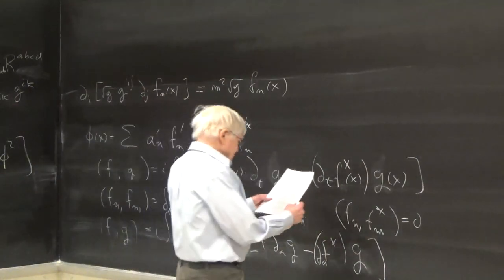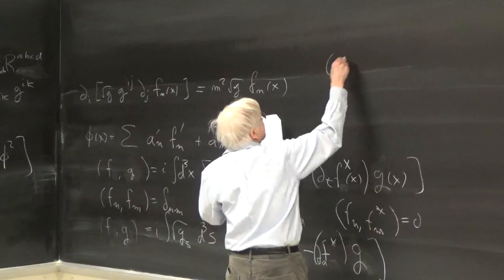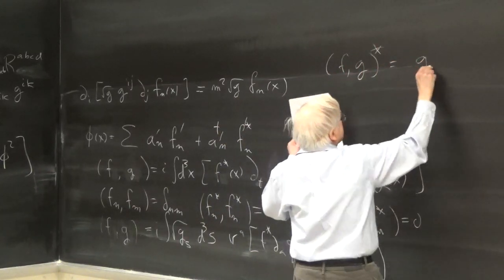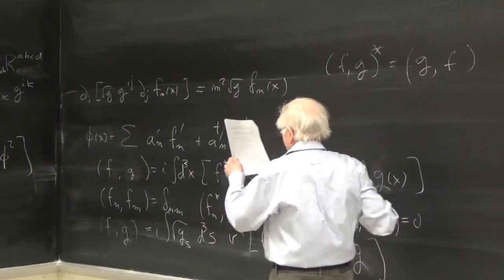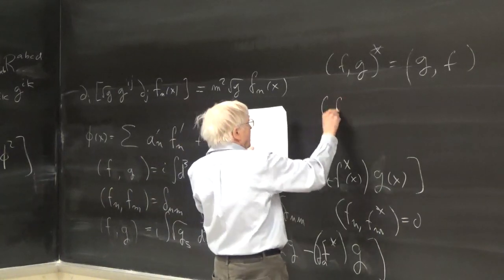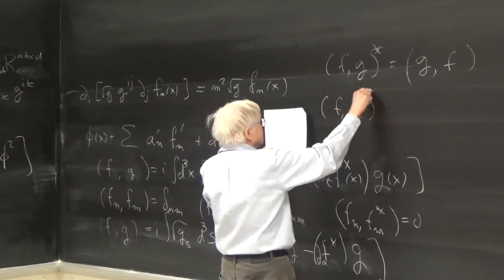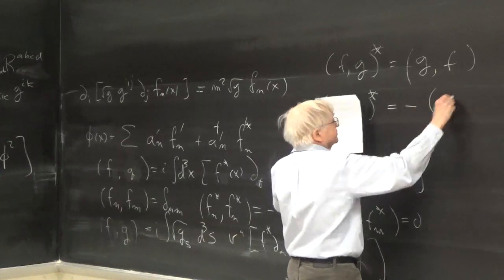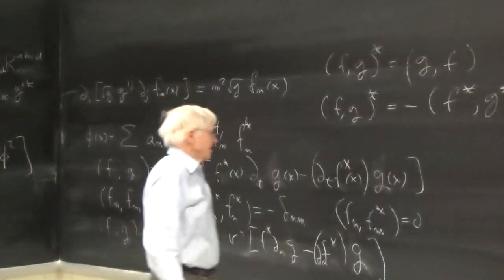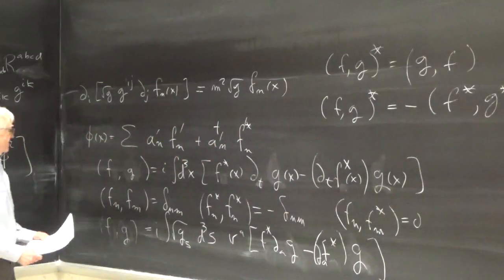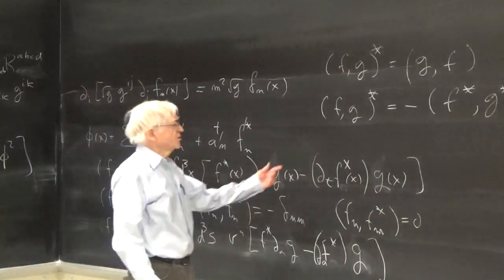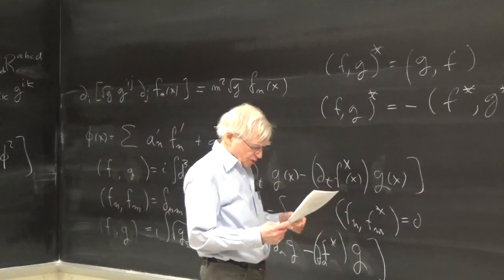Now, this scalar product in particular is Hermitian. So (F, G) star is (G, F). And it also satisfies the rule, and I don't know what to call this relation, but I'll write it down this way. So both of these definitions, the flat space and the more general curved space scalar product, satisfy both of these rules.